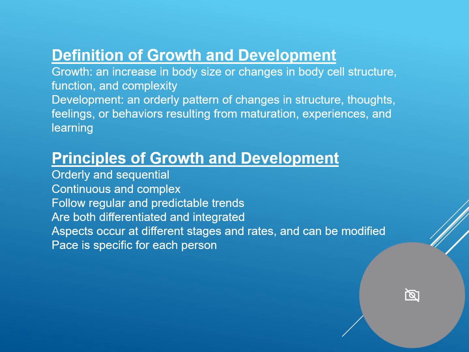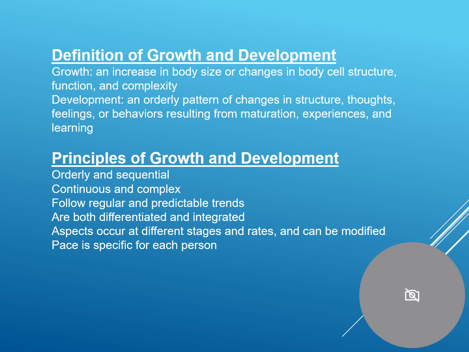So growth and development is individualized. However, even though it's individualized, there is an expected growth and development pattern for humans. When the child goes to the doctor, they're expecting them to sit up at a certain age, hold their head up at a certain age, walk at a certain age, or talk at a certain age, right?